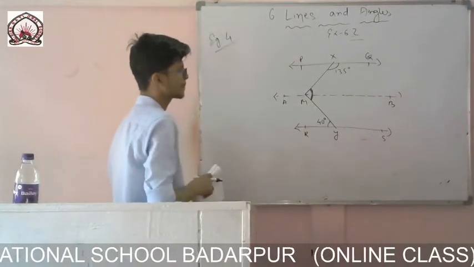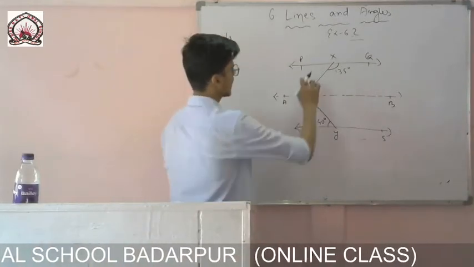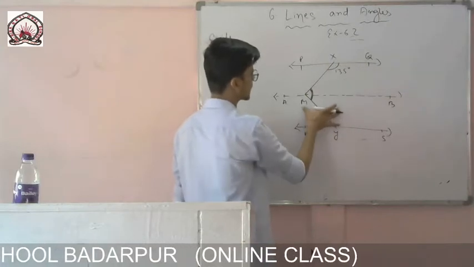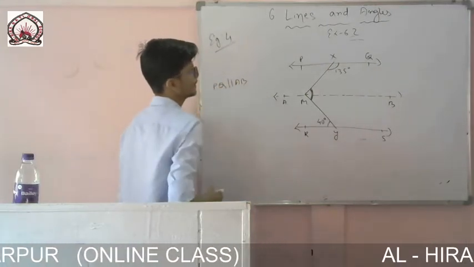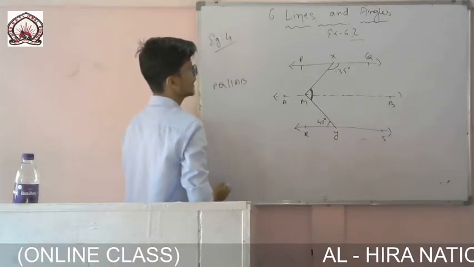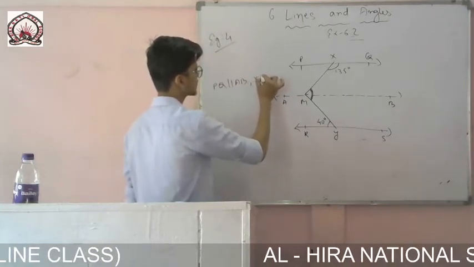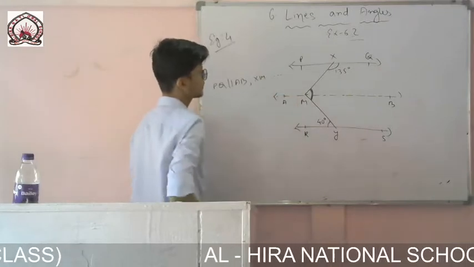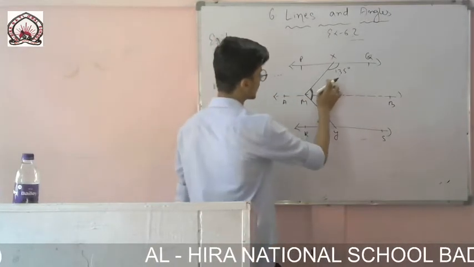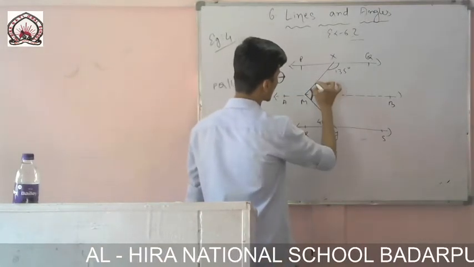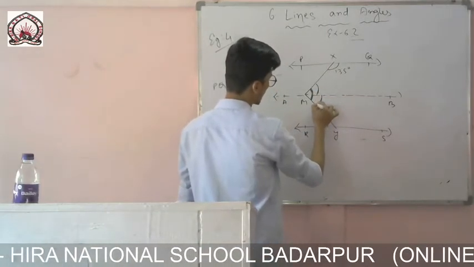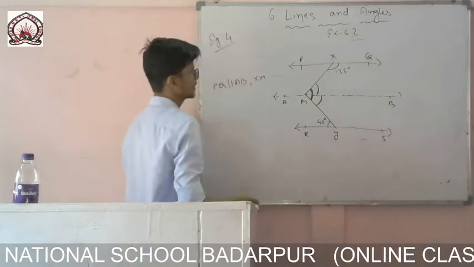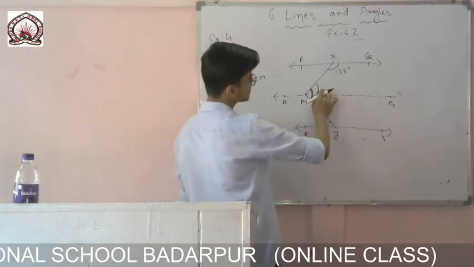First of all, I will write that this line PQ is parallel to AB, and XM is a transversal. I need this whole angle, so if I can find this one and that one, then I will add them.